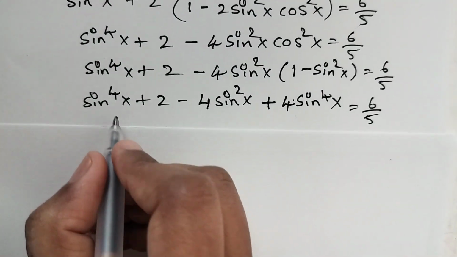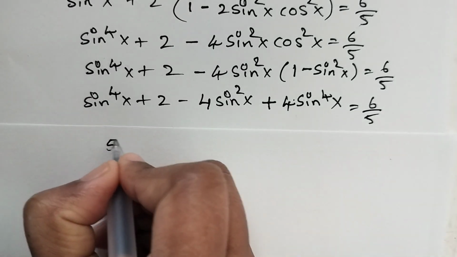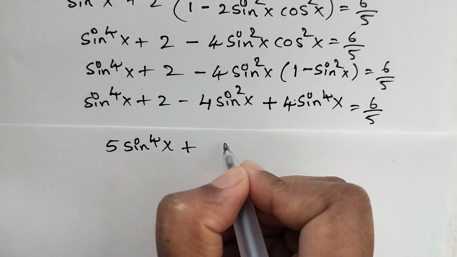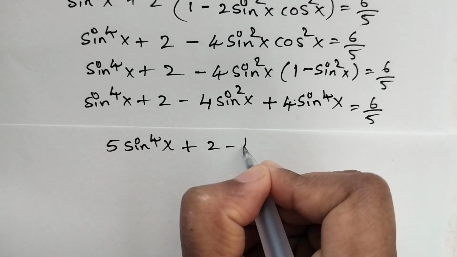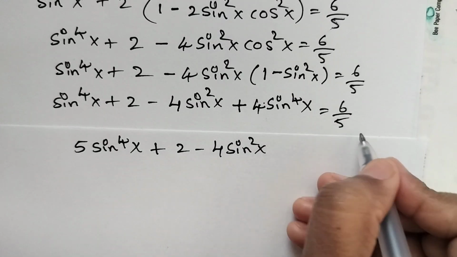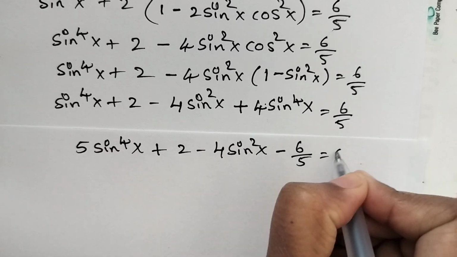You can see here we have sin⁴x and 4 sin⁴x, which is 5 sin⁴x + 2 − 4 sin²x. Now move this term to the left side; it will be minus 6/5 equal to 0.